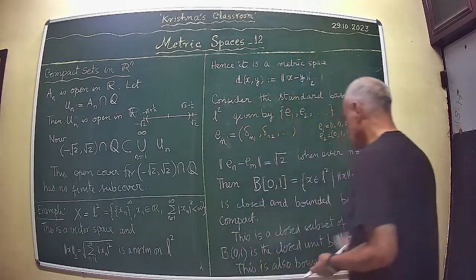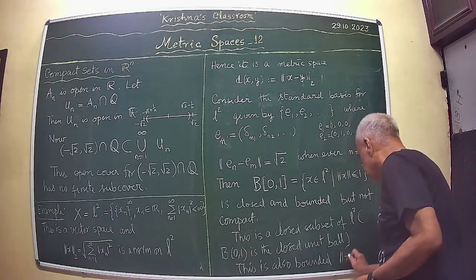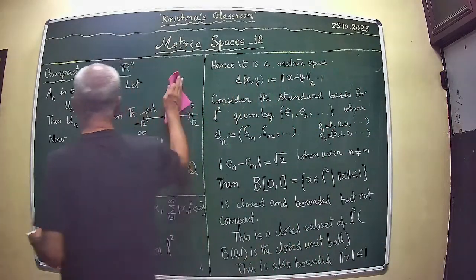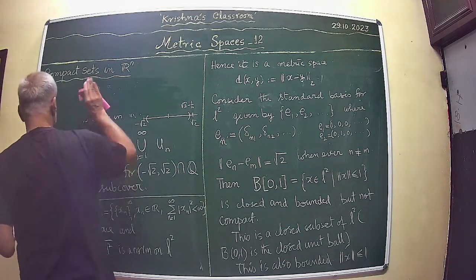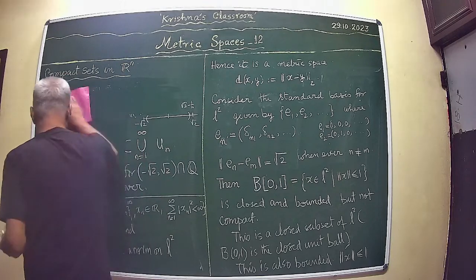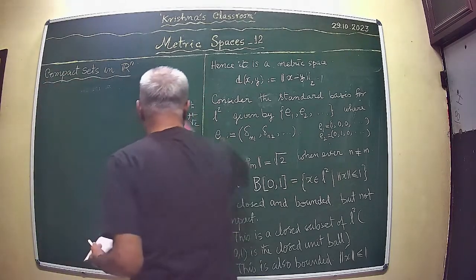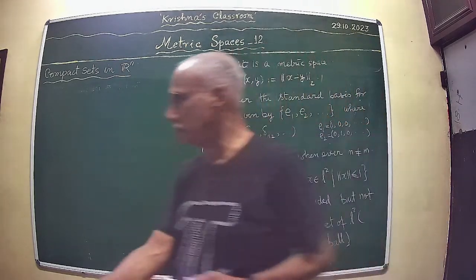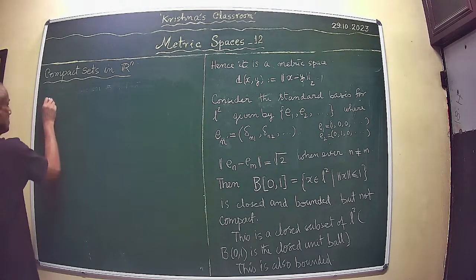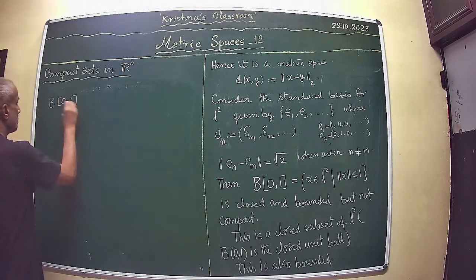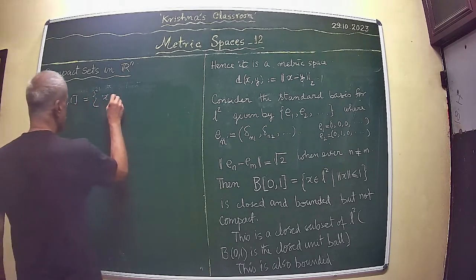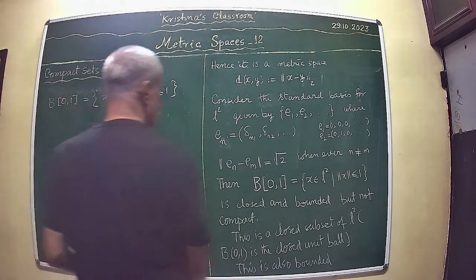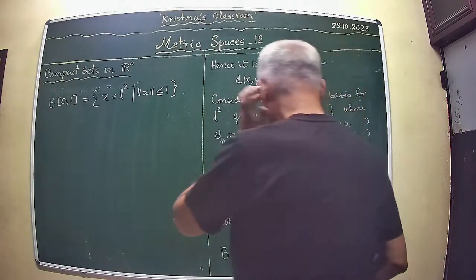Because you see that this consists of all those x with norm less than or equal to 1. Therefore, it is bounded.